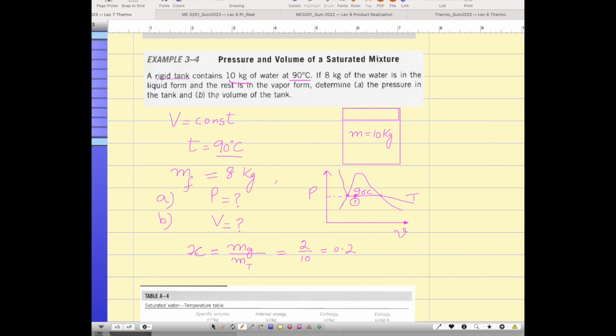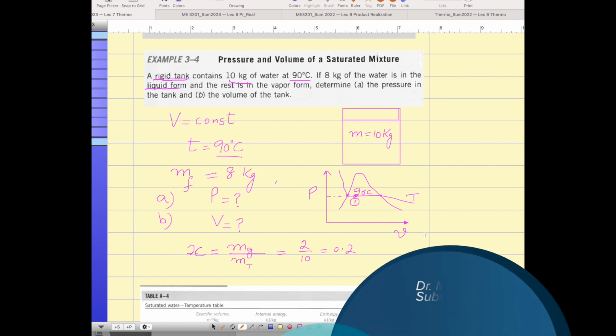A rigid tank stands for constant volume. The mass of water is 10 kilograms, and the mass of the liquid is 8 kilograms. Determine the pressure of the tank.